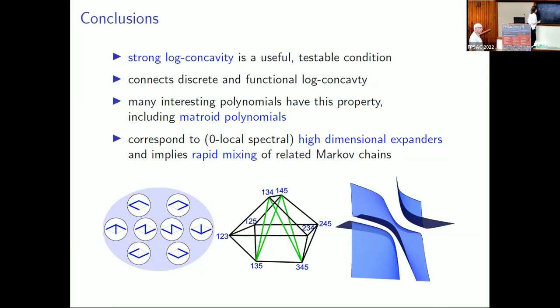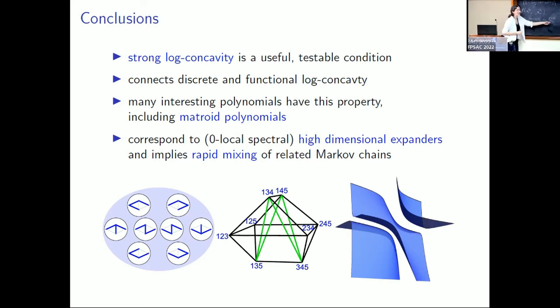You want this to be log-concave on the positive orthant. This would be a condition for half log-concavity. This is actually what shows up in the monomer-dimer system.